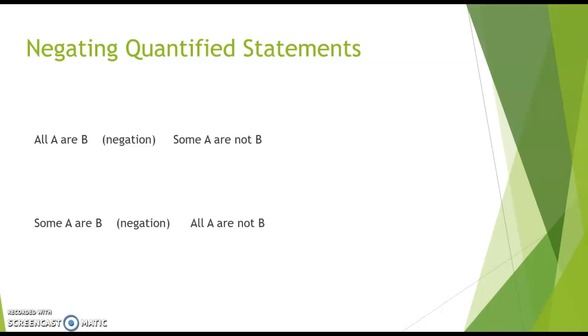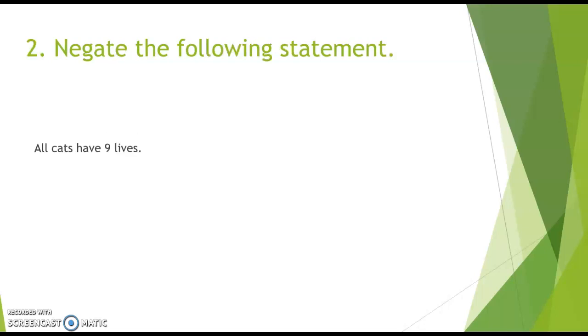If you have this wording written down, it will help you negate quantified statements when we throw in some real words. So let's do that. Our first statement that we are going to negate is: all cats have 9 lives. We can't just say no cats have 9 lives, because some might, right?